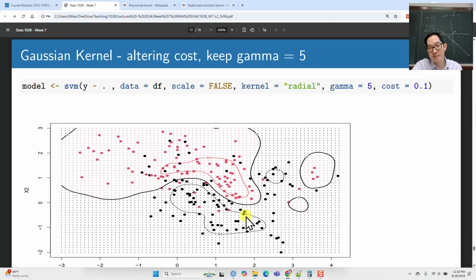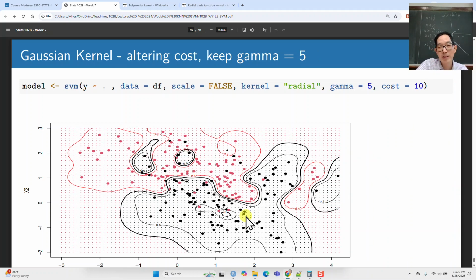So these are just some of the different effects of changing these hyperparameters of the support vector machine, which, again, is a popular method for classification. And again, it really only works when you have two classes, separating your positive class from your negative class.